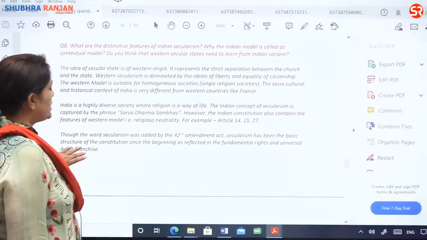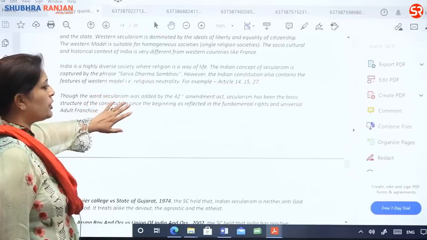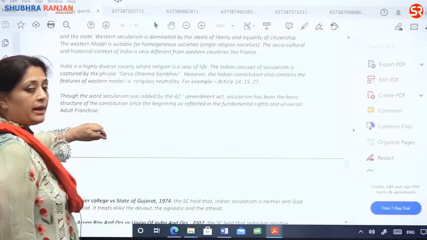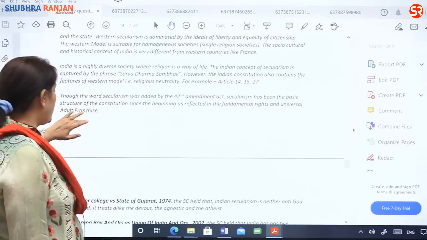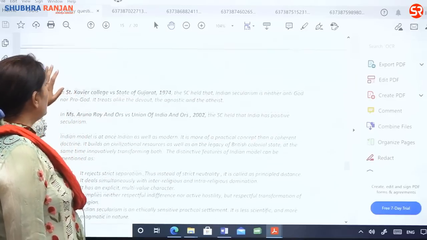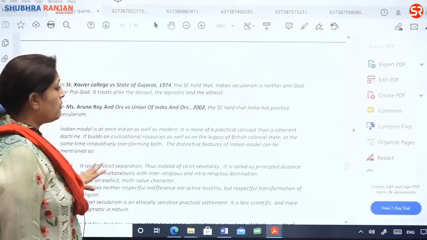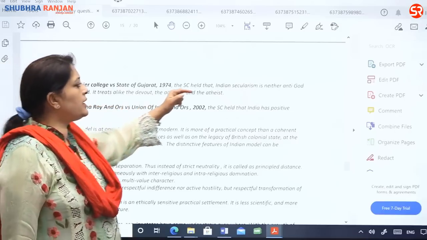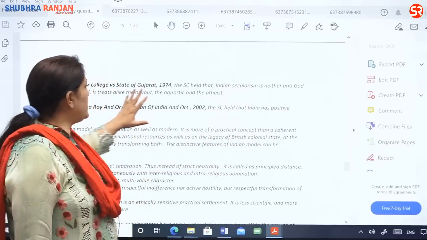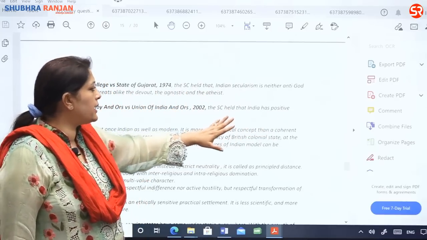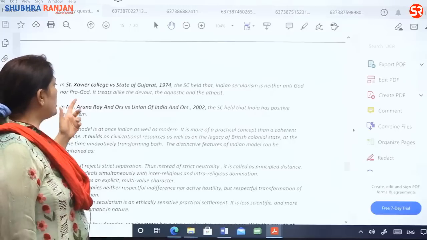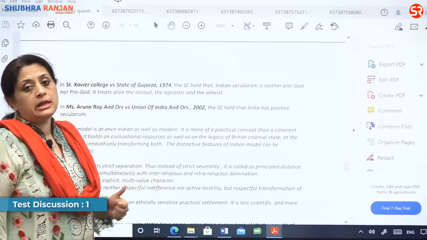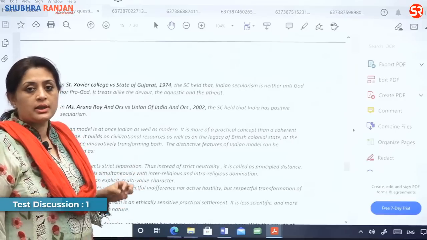Though the word secularism was added by the 42nd Amendment Act, fundamental rights and universal adult franchise already included this idea. Then you should always give the Supreme Court's definition. There are two important cases. The St. Xavier's case, which held that Indian secularism is neither anti-God nor pro-God. The Aruna Roy case, where we have been told that the Indian model is a positive secularism model.